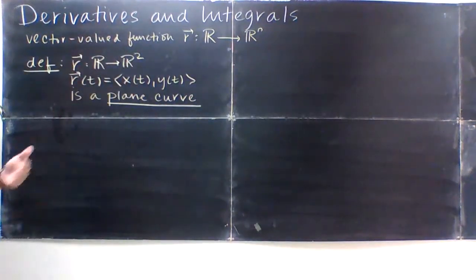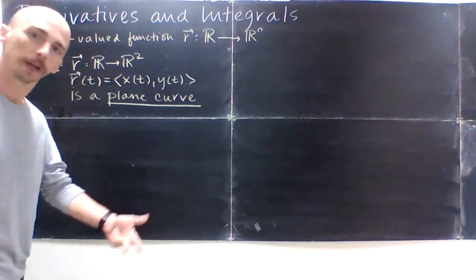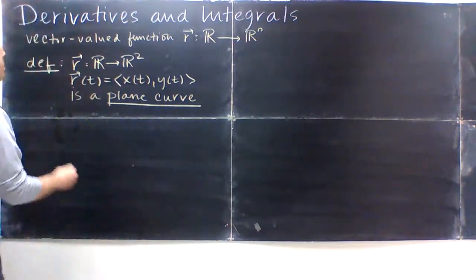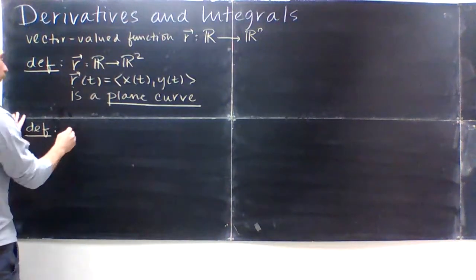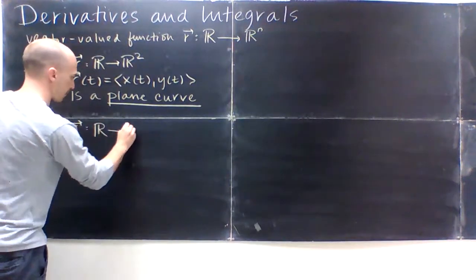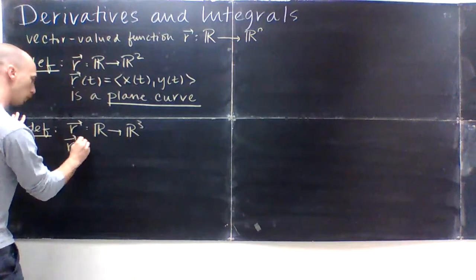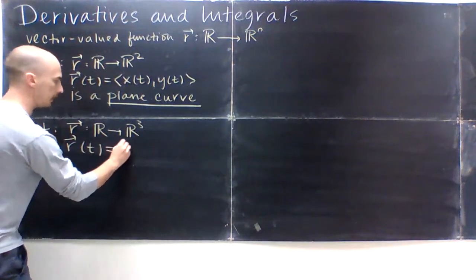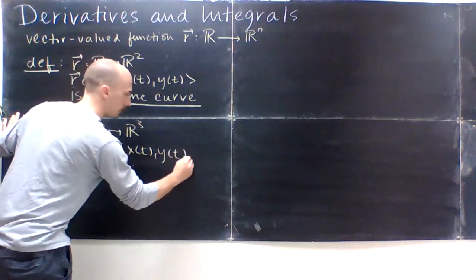In the same way, a space curve is one that goes into R3. It's going to have an x component function, a y component function, and a z component function. So r of t is x of t, y of t, and z of t.